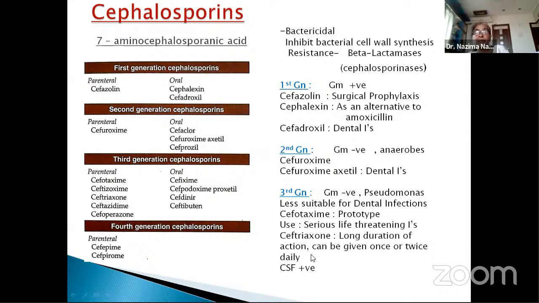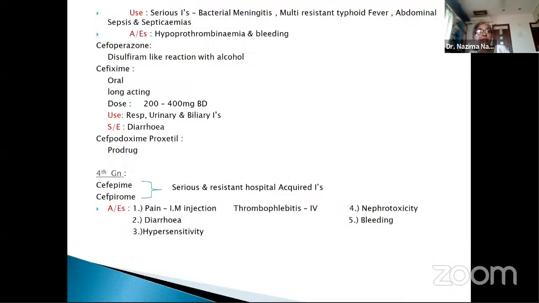It can be given once or twice daily. Another advantage is that it penetrates the CSF, so it can be used in meningitis patients.